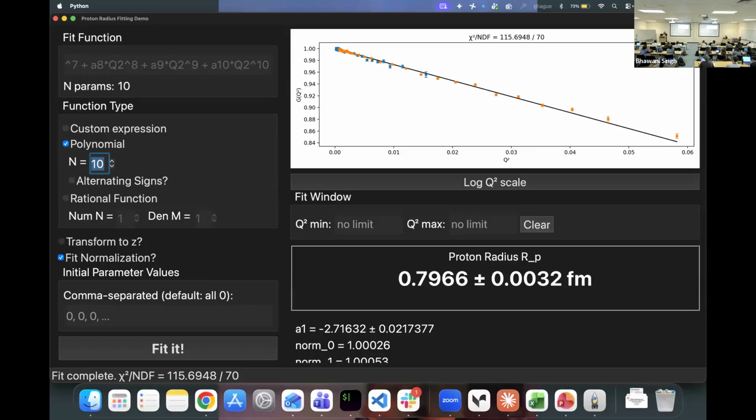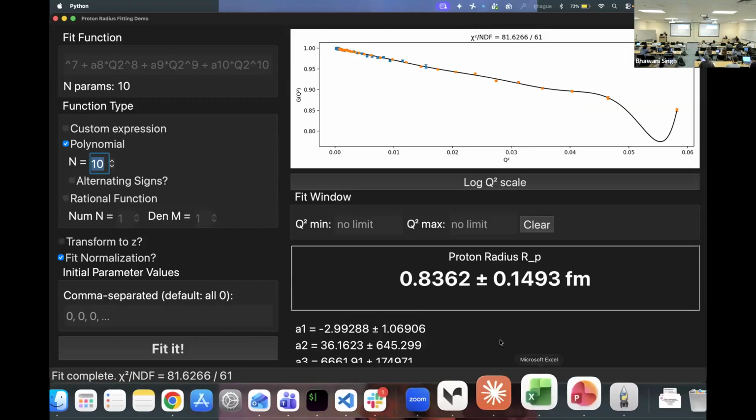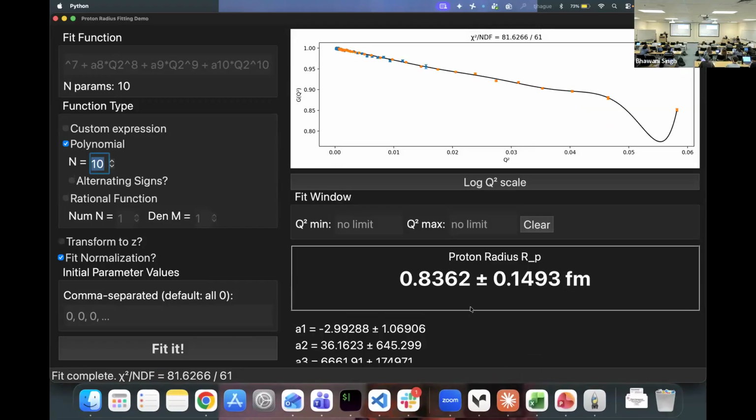Mine's a 1 data fit with a 10th order polynomial. Now, caveat, this is fitting the PRAD data. Mine's data had a lot more point density. So whereas clearly you see this dip right here, mine's fit doesn't have that.